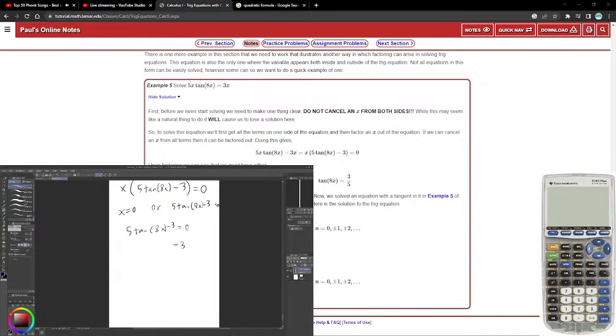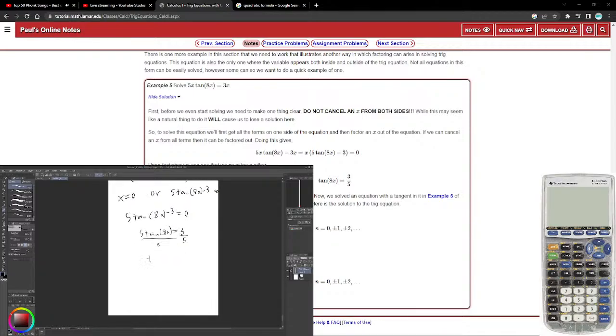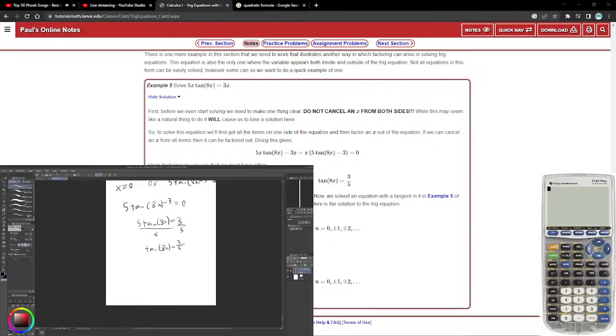Add 3, so 5 tan 8x equals 3, divide by 5, tan 8x equals 3/5. Yeah, that's what they have so far.